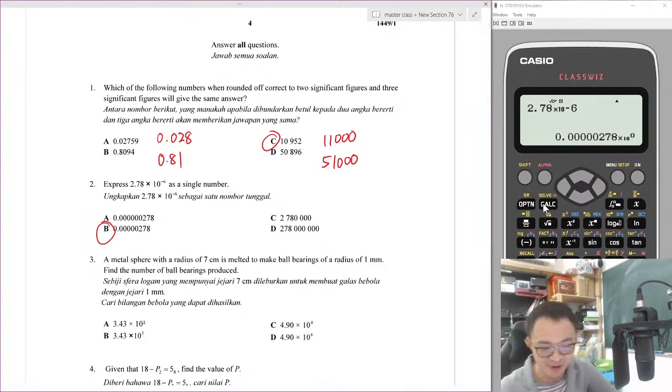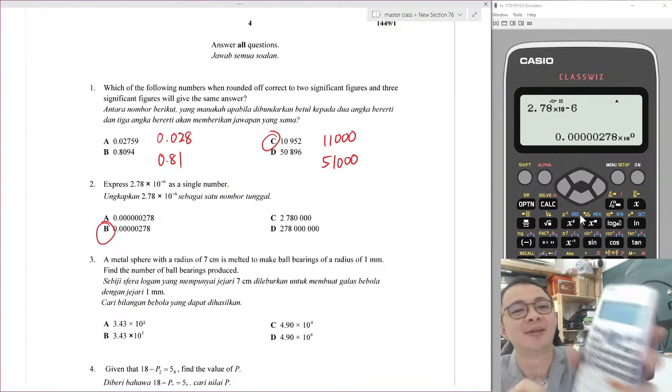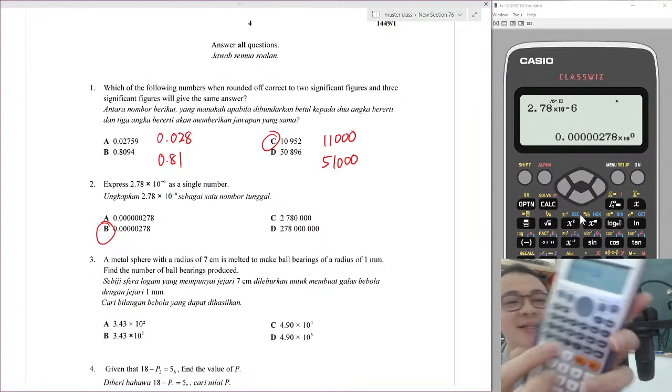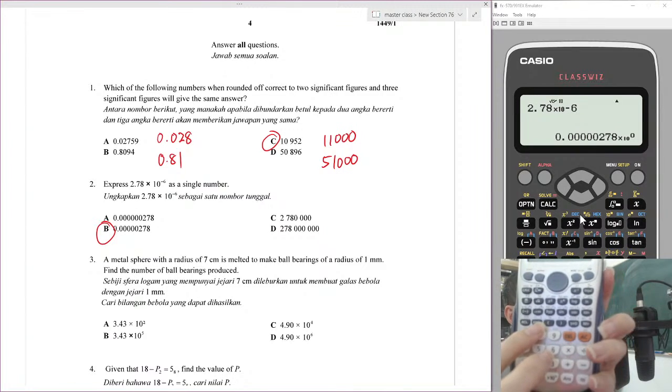Yeah, because a lot of students, when I say shift ENG, they're just wondering, because my camera is blocking, so you cannot see what I type there. But definitely they have an ENG button. Let's see, I have some old model here. I'm not sure you can see or not. Do you see an ENG button here? I hope you can.